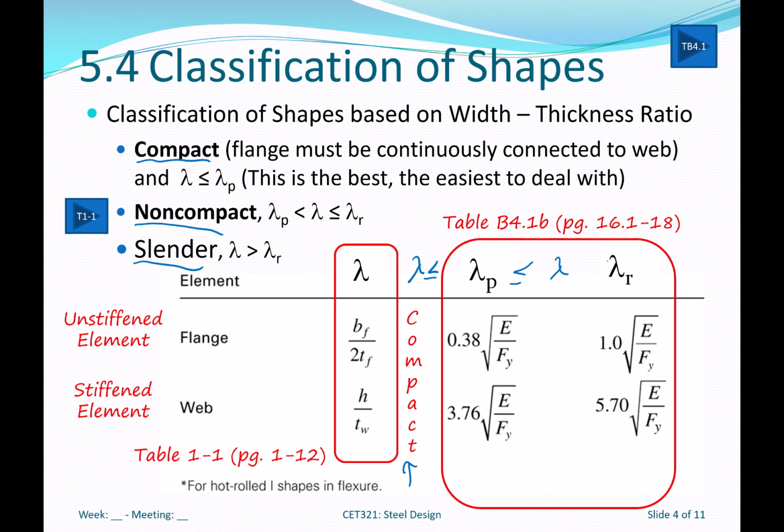Or if lambda is less than or equal to lambda sub r, then it is deemed non-compact, and that's a different part of the specification. If lambda is greater than lambda sub r, then that element or cross-section will be classified as being slender, and you'll have to find the appropriate sections of Chapter F for members with slender flanges or slender web.